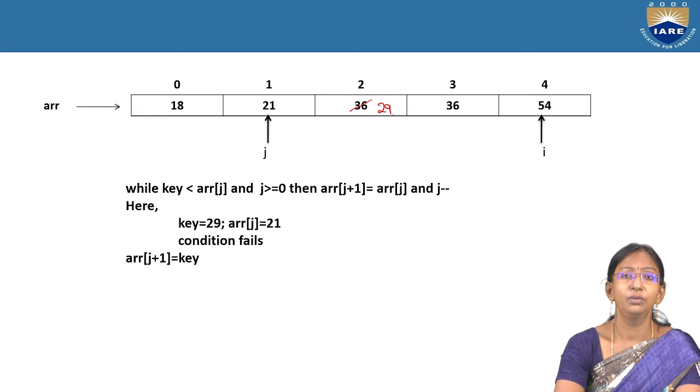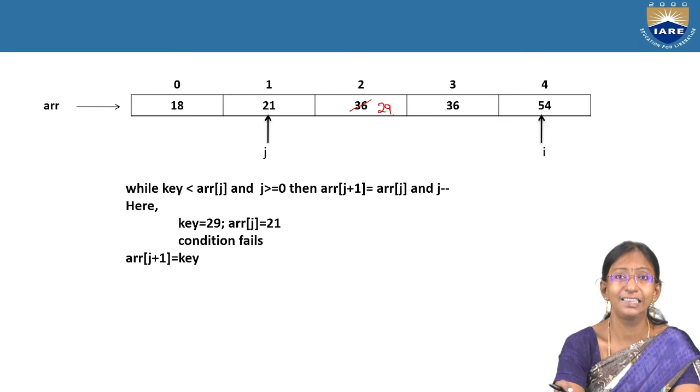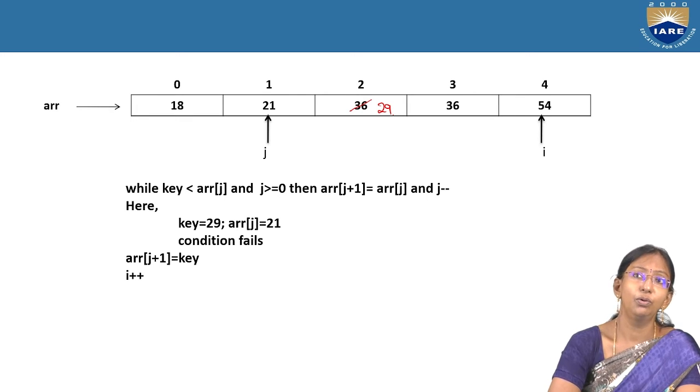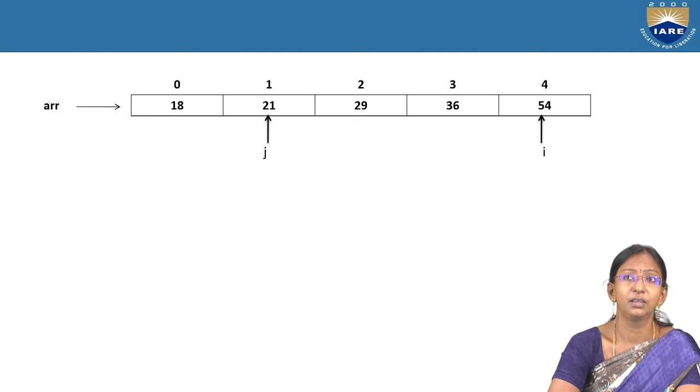So this is how. Once you have copied, you have chosen the right place to place key, you have to increment I value. Okay, so if you increment I value, what will happen? It will go out of limits, right?